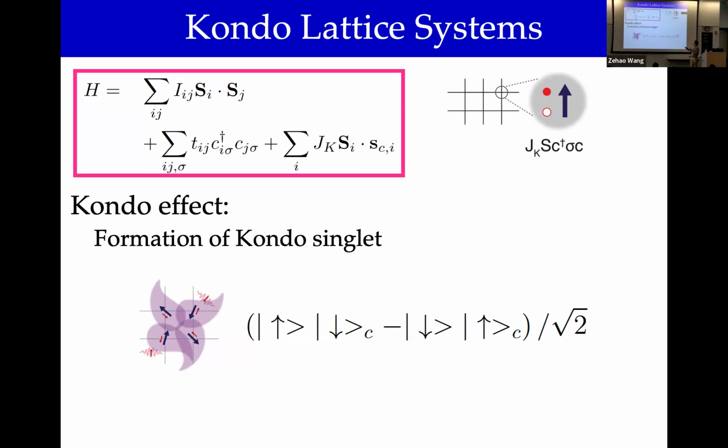Because Coulomb interaction lives in real space, it's good to build intuition by thinking about such problems in real space. Now if I have two species of electrons, one of them acts as quantum mechanical spins, the other acts as conduction electrons.